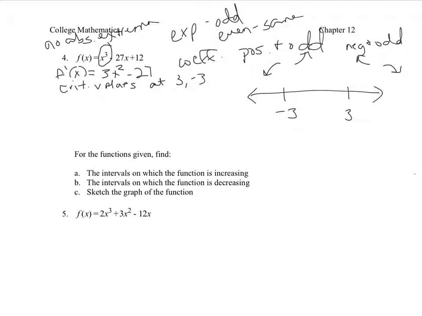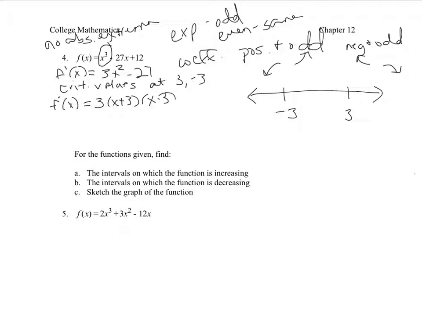And since our factored form of this derivative was 3 times (x plus 3) times (x minus 3), you may find using the factored form for your derivative actually makes it faster, a little easier to figure out what kind of sign you're going to have when you come up with those test values. So we need to pick some numbers that will be in these 3 regions we can use as test points.